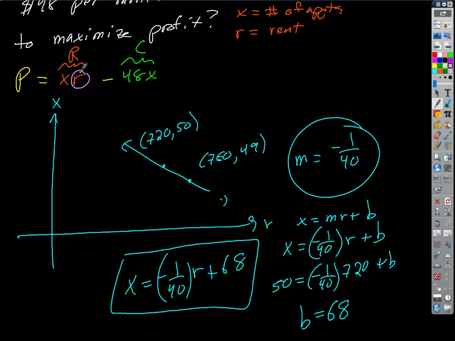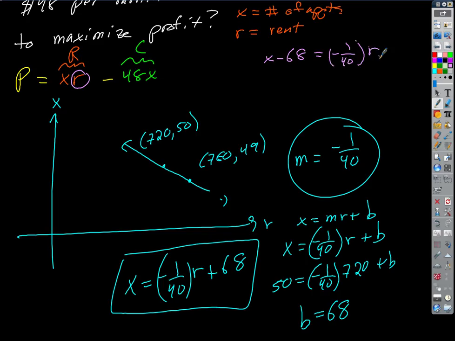So if I do that, what do I get? I'm going to subtract the 68, so I get x minus 68 equals negative 1/40th r.